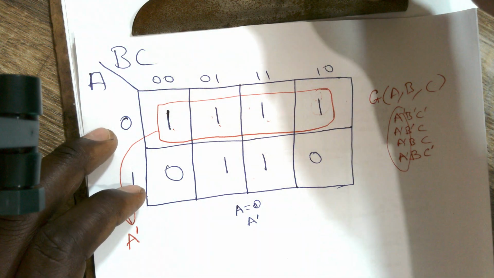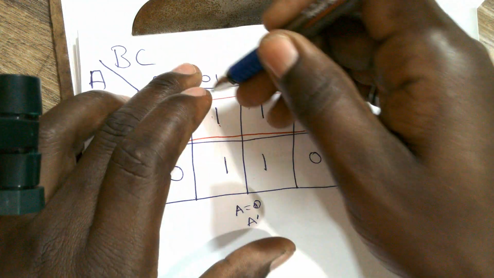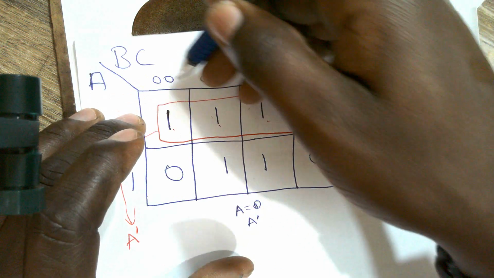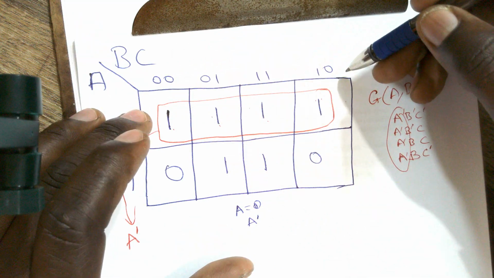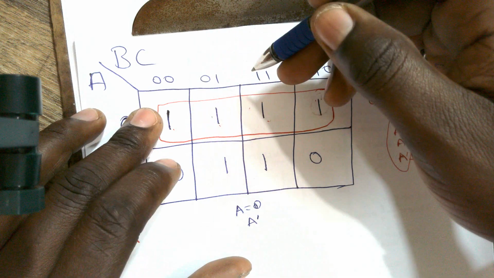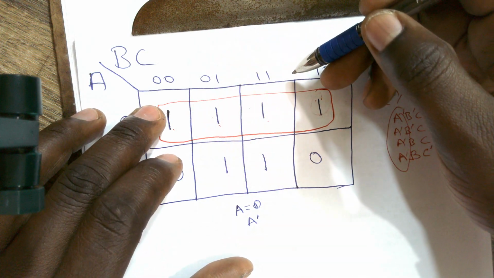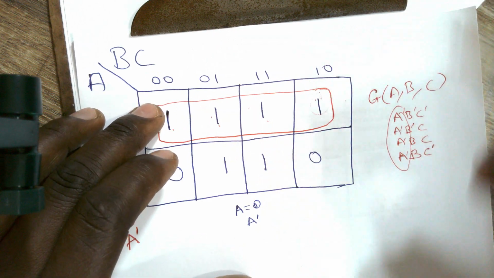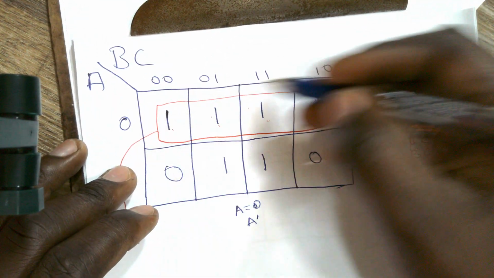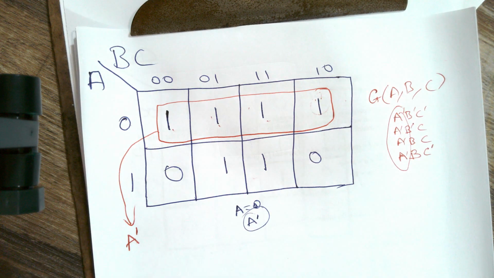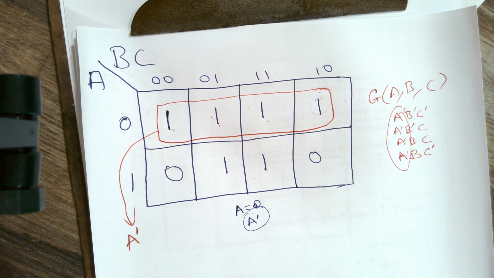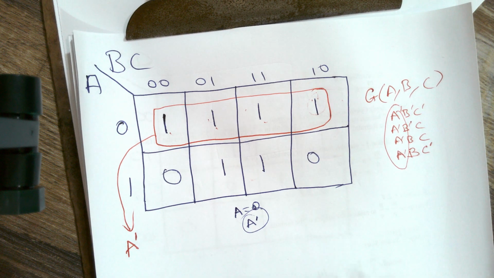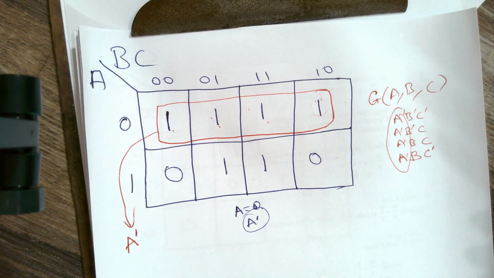I'm going to look at it from this side, vertical now, and see if there's any expression for B and C that is common to all of these ones. I'm realizing that the expressions for B and C are different for all of them. So therefore, B and C do not matter. So therefore, the expression for that circle is A complement or A prime. So that's the long method and that's the short. And the goal is to eventually practice enough to be able to use the short method.